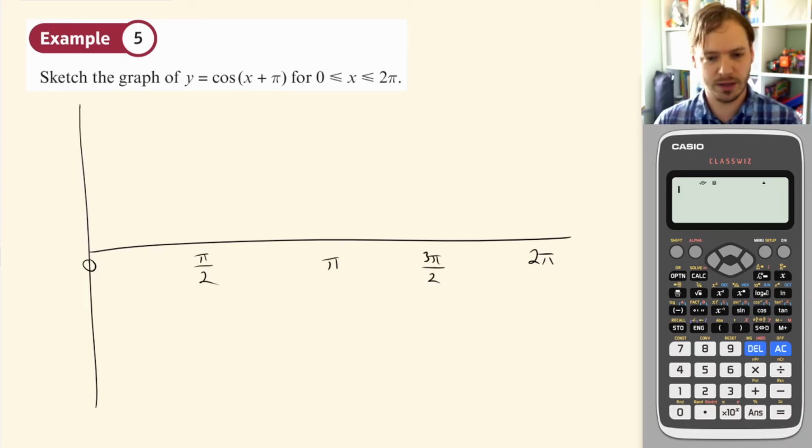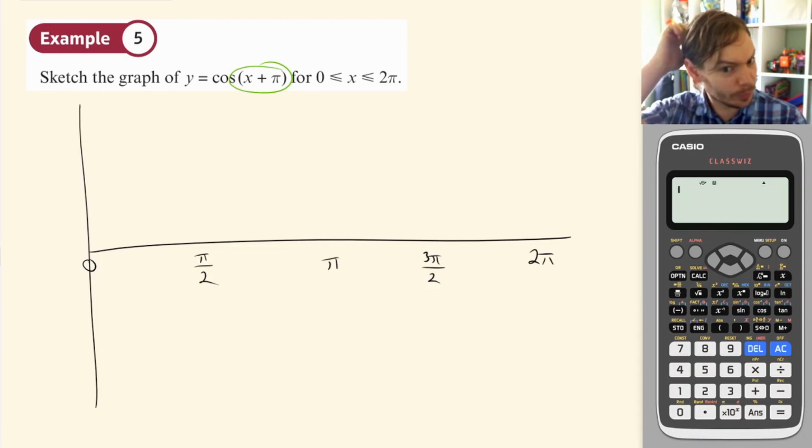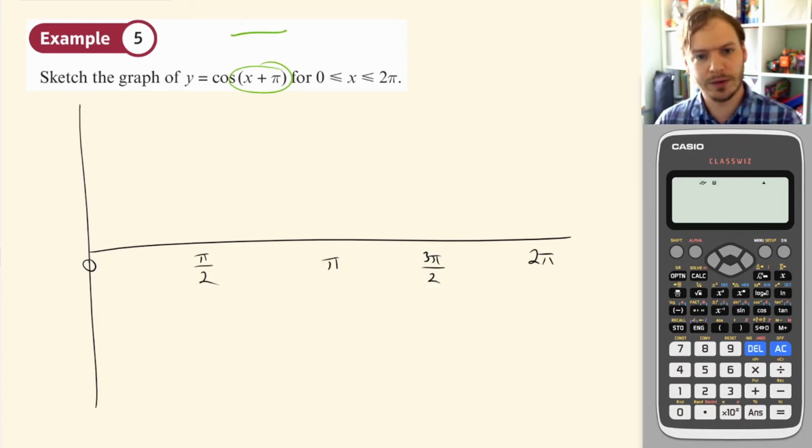Those are going to be our key points. But this time, I want to pay attention to the fact that we've got a transformation here of plus pi. Now, a transformation inside my function is a shift to the left or the right. It's a translation in the x direction. And it does the opposite of what we think. So adding pi actually means we're going to move the whole thing to the left by pi.